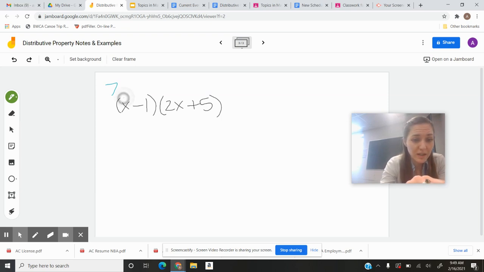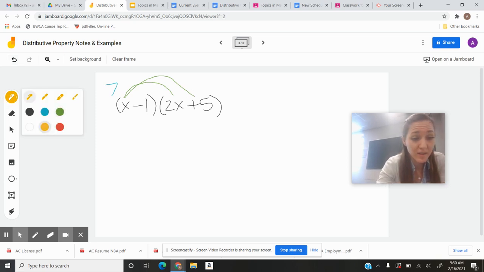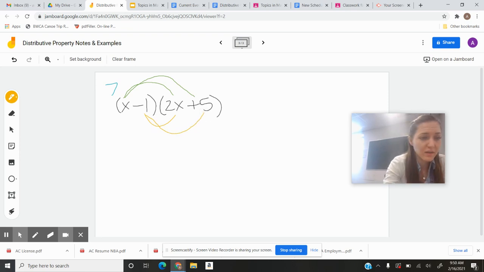So I'm going to be taking this x times 2x, this x times positive 5. That's a really messy arc. I'm going to go ahead and do it again. Not much better, but that's okay. And then I'm also going to take this negative 1 times 2x, this negative 1 times positive 5.